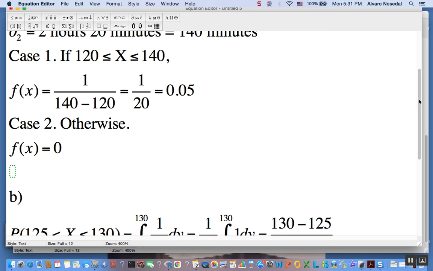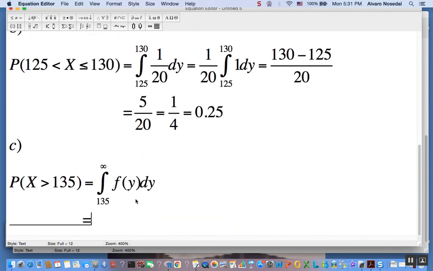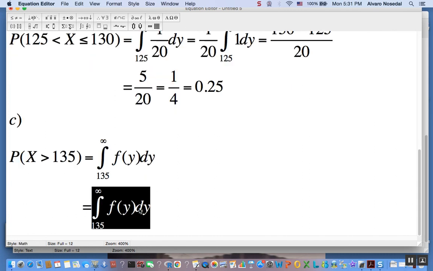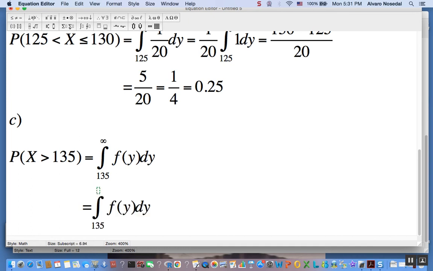So what we want here is between 135 and 140, we're going to have 1 over 20, and then it's going to be 0 outside that interval. Plus, from 140 to infinity, we have 0.